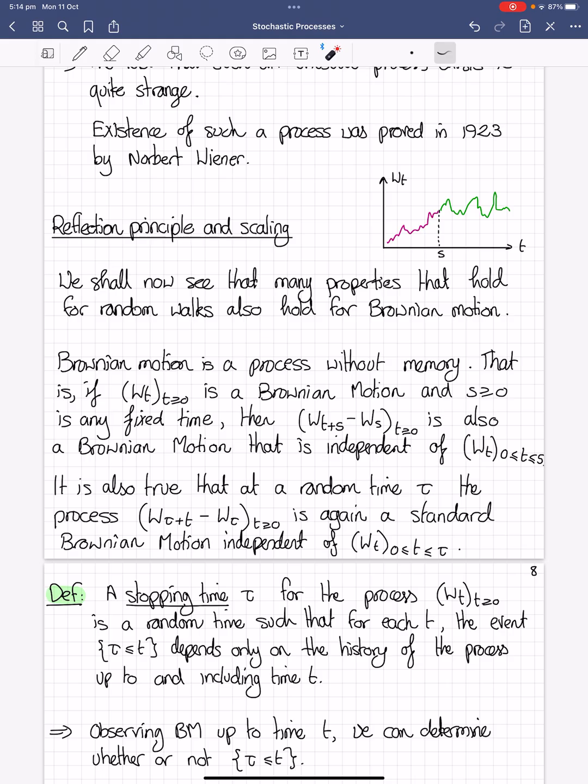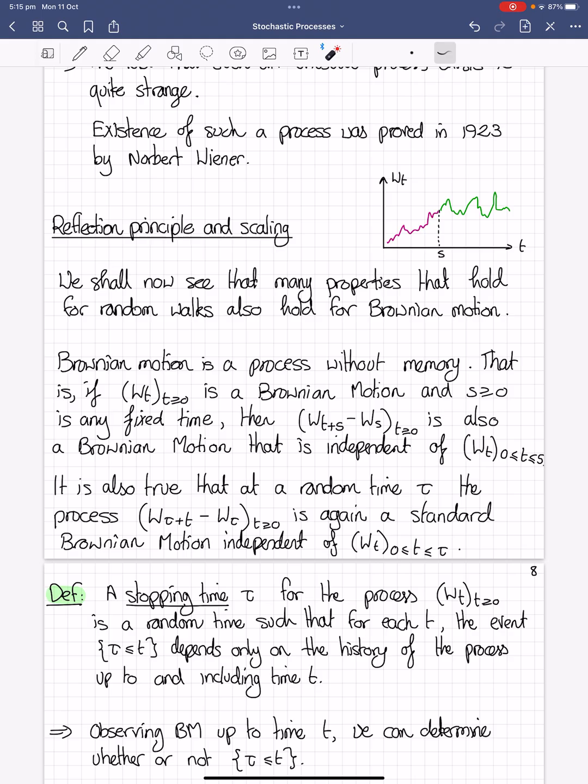Now this is for some fixed time s that we set in advance, before the path of the Brownian motion sets off. But this is also true if we consider this property at some random time tau. Remember, these random times are ones we might not know until they actually occur, as opposed to setting some fixed time before the process starts off from zero.